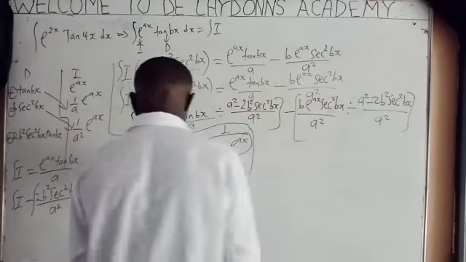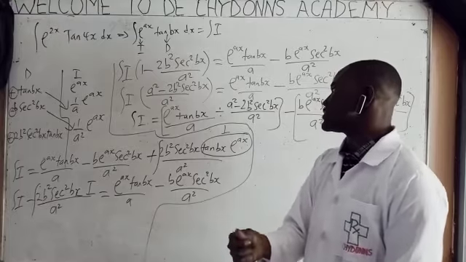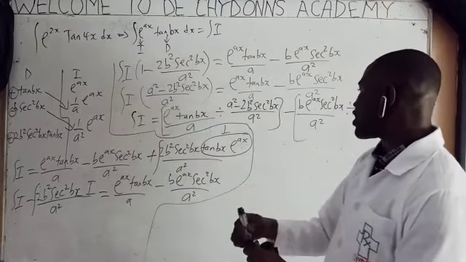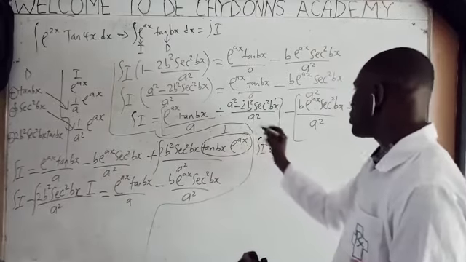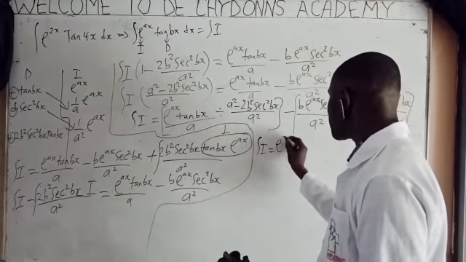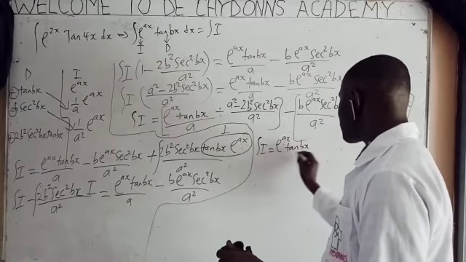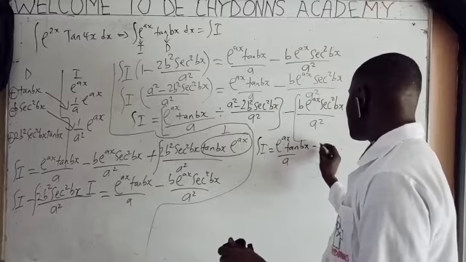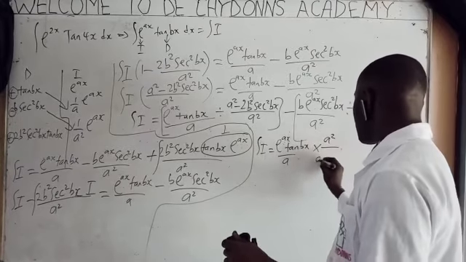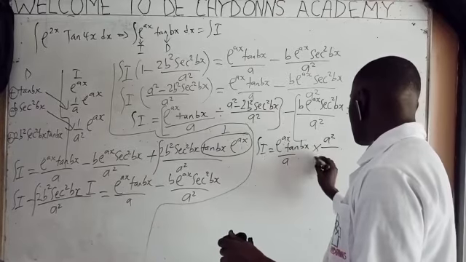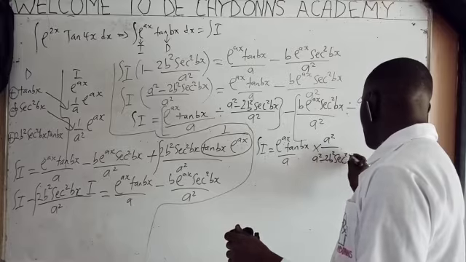Then you remember that when you remove division and replace it with times, you invert the second fraction. You say integration I equals, I write exponential ax tan bx all over a times a squared all over a squared minus 2b squared sec squared bx.